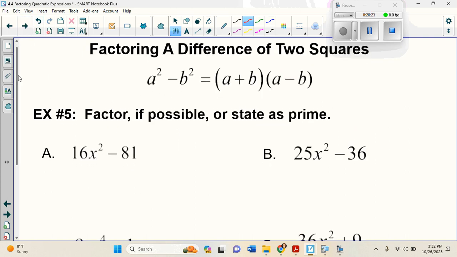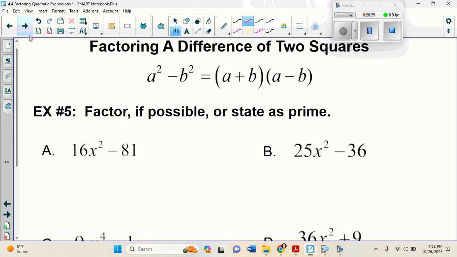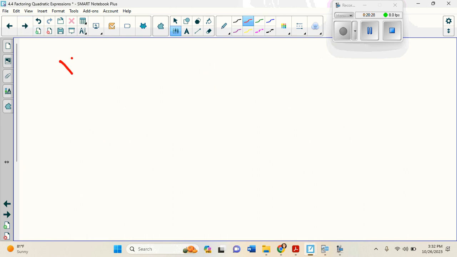Okay, this is when you check to see if the first and the last numbers are squares. If you don't know your squares, you might make a short list of them.